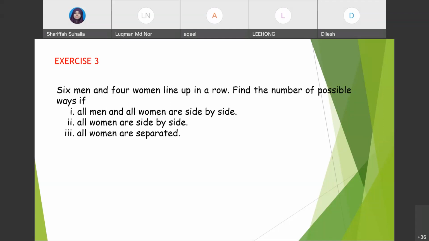Maybe Chua, if you already get how to solve this one, maybe you can share the solution in the Telegram later on. So the rest can look at your steps, how you solved it. Can you, Chua? Chua or anyone. Okay, anyone willing to share their solution, it's very good. You can help others.